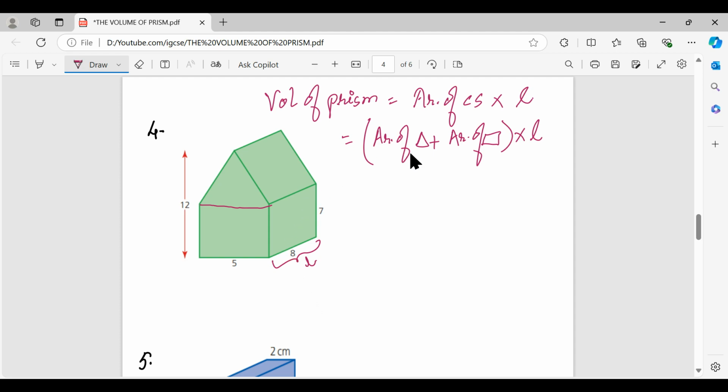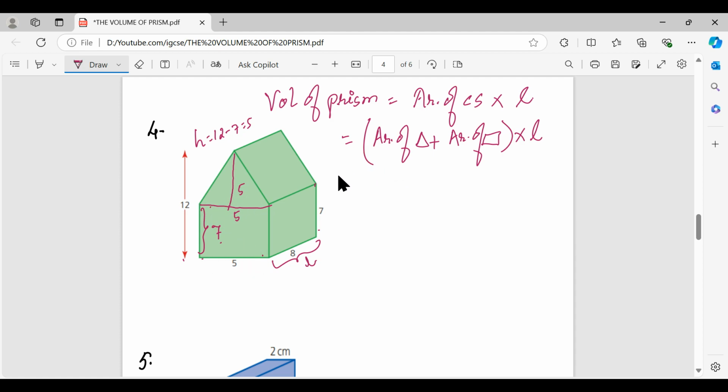Now, area of the triangle. Look here. The whole length is 12 and this length is given as 7. It means this length is also 7. So the perpendicular height will be 12 minus 7, which is 5. The base length is 5 because this is a rectangular shape.